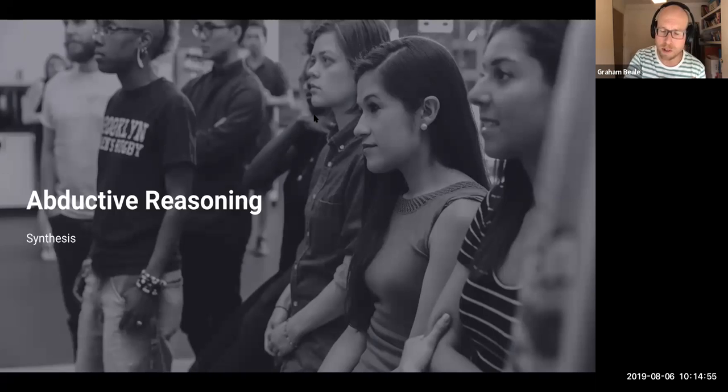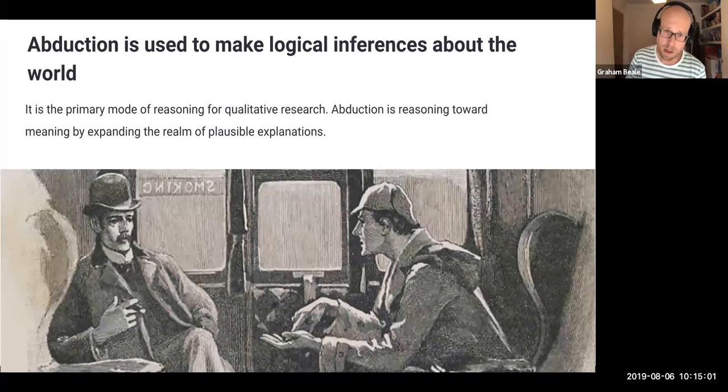And I think we mentioned this before in the last class, but this sense of abductive reasoning, and this is what you're doing with abductive reasoning, is you are trying to understand the inferences behind the data you've got. You're trying to draw those links. So if you think about Sherlock Holmes, he will look at the evidence.